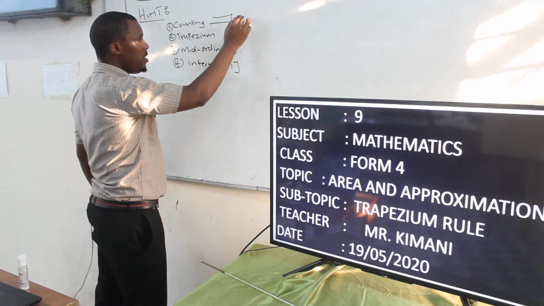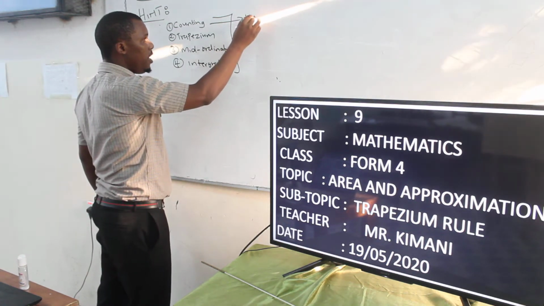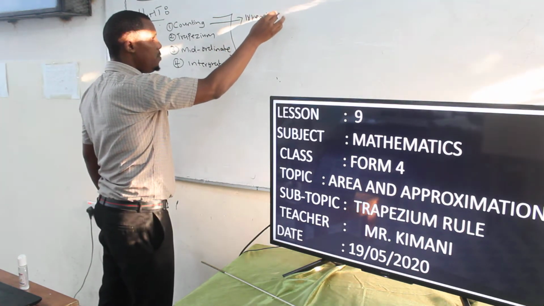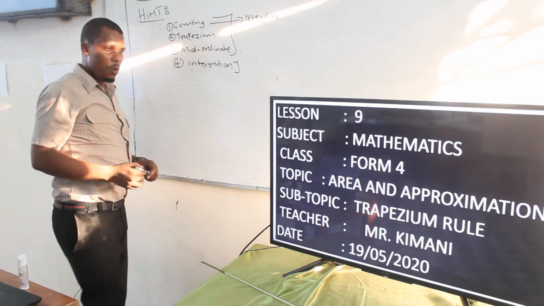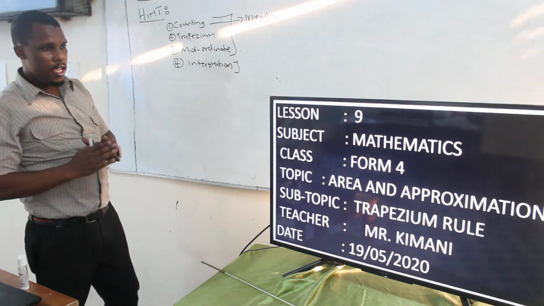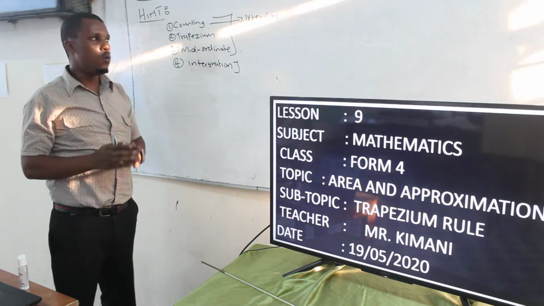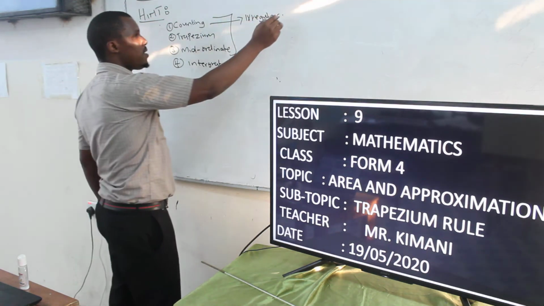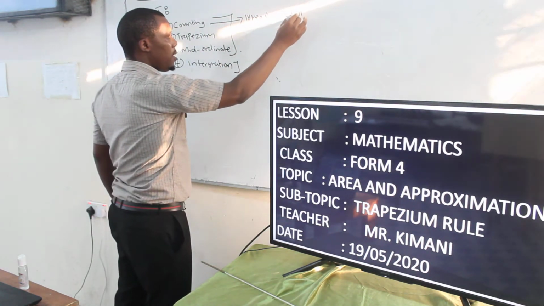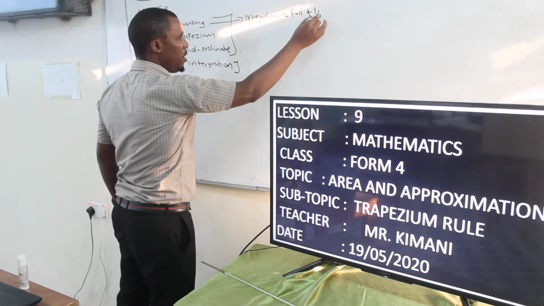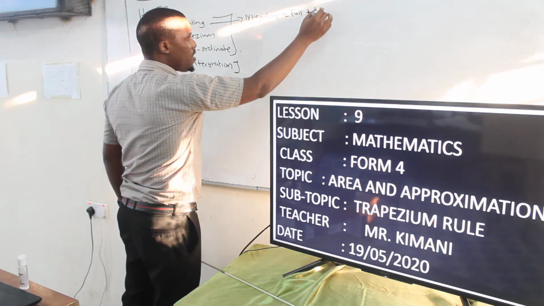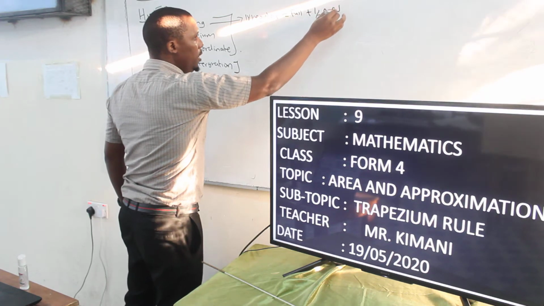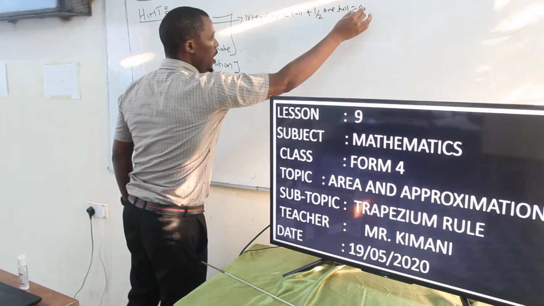We say this one is used when you are determining the area of an irregular object. You have the irregular object, and then you count the number of full squares. Then from there plus half the number of the squares that are not full, so that you can get your area.